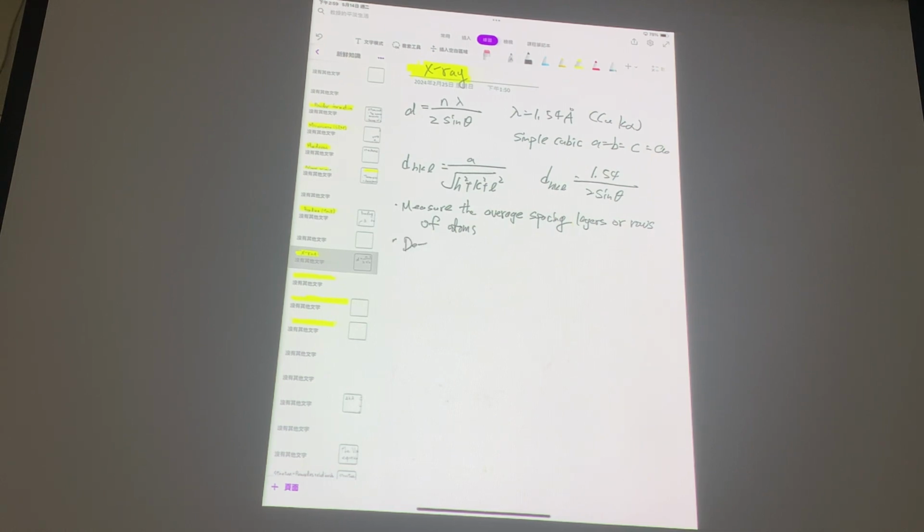We also need to determine the orientation of a single crystal.